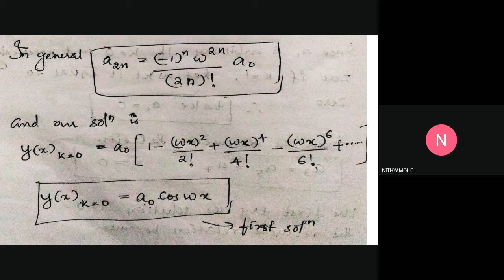So a0 into 1 minus (omega x)^2 by 2 factorial, plus (omega x)^4 by 4 factorial, etc. Because here a1, a3, a5, a7, etc. are 0, so only 2 factorial, 4 factorial, 6 factorial, etc. Therefore this series corresponds to the cos omega x. It is the expansion of cos omega x. So we can write the solution as y of x at k is equal to 0 is equal to a0 cos omega x. That is our first solution.